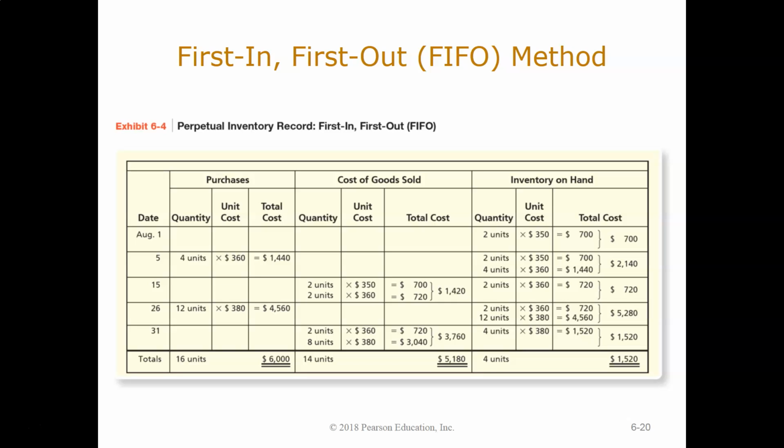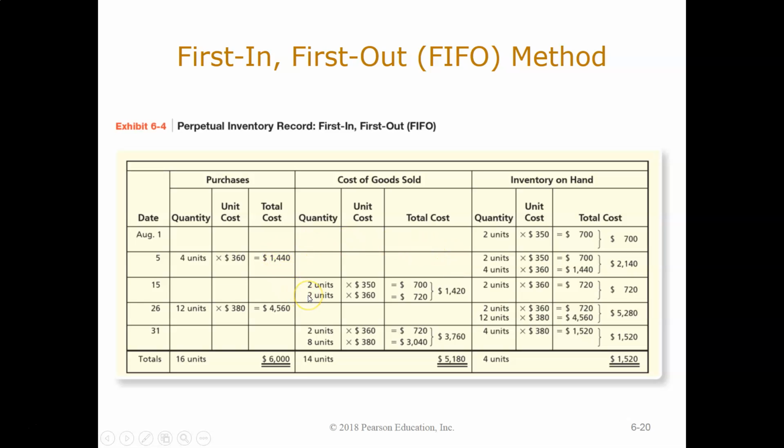I still have the 2 units at $350, but I have added to them 4 units at $360. I just bought those. So if I do the math, 4 at $360 plus the 2 at $350, my total inventory is valued at $2140. But you're about to see now in the next example why we need to keep these price layers separate.